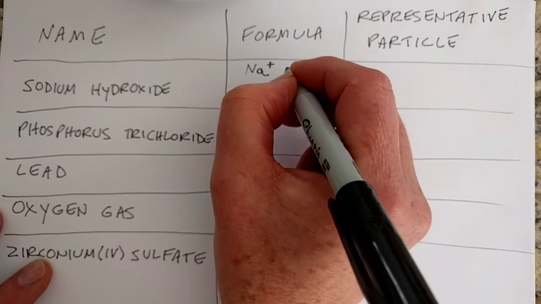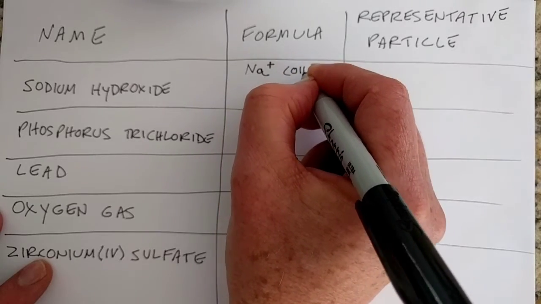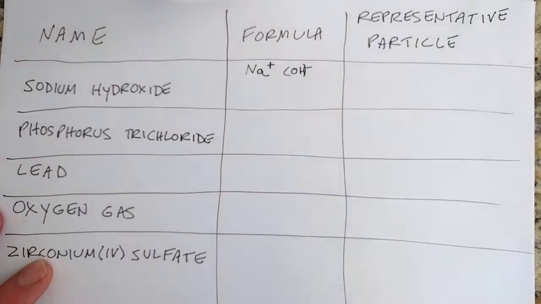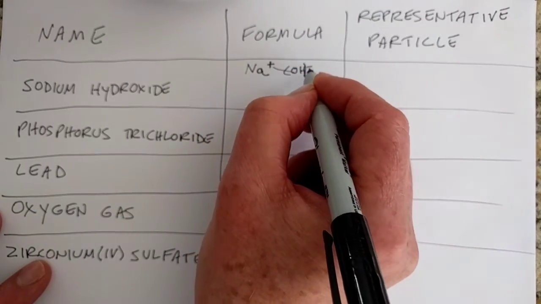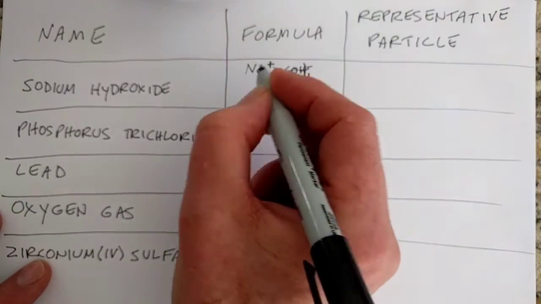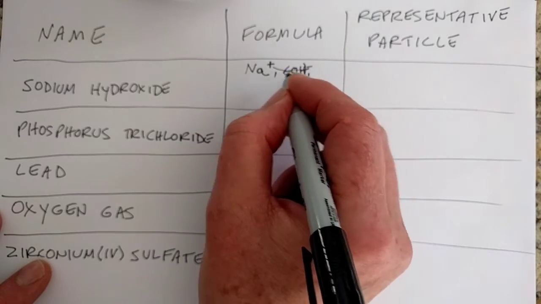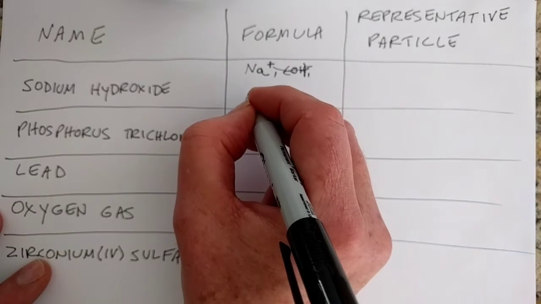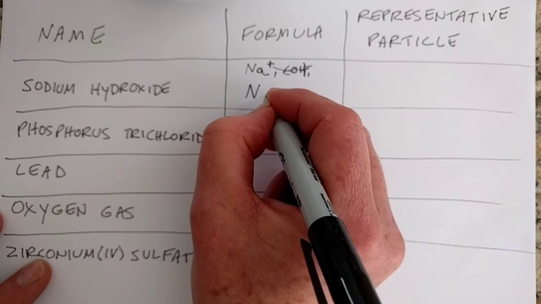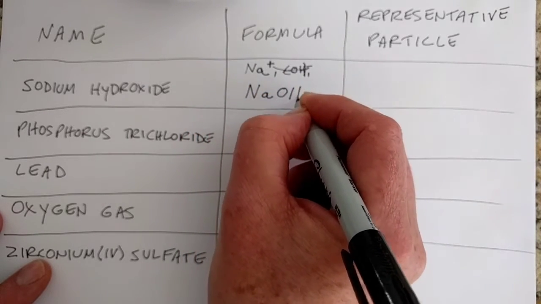From your polyatomic ion chart, it is OH with a -1 charge. So we cross our charges, 1 and 1, and then we rewrite. We don't have to include ones, and if 1 is outside the parentheses, we don't have to include the parentheses. So our formula is NaOH.